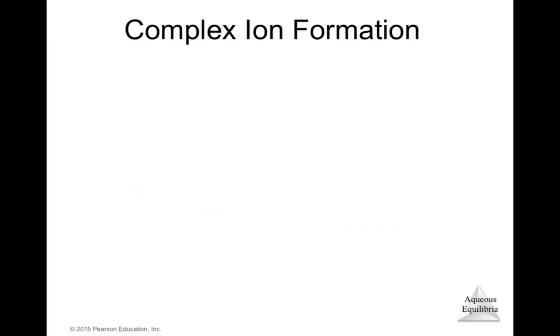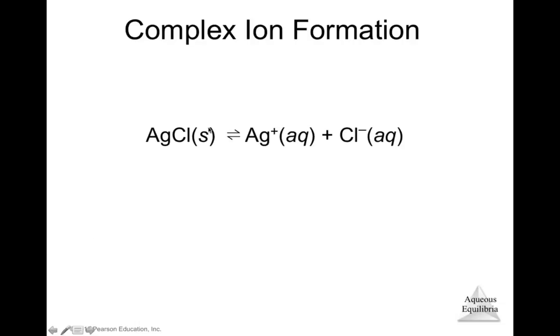Another factor that could affect the solubility of a solid is called complex ion formation. So, for example, we have here the silver chloride, a solid, and this is an equilibrium producing the silver ion and the chloride. The silver ion here, we can see that it is positive. So that means that it can receive electrons. So it will act as a Lewis acid.